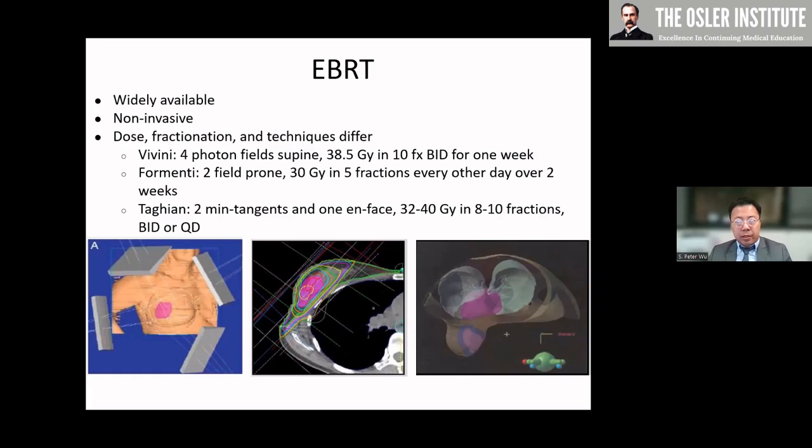Maybe not faster than IORT, but for Meattini et al., one of my mentors pioneered a 30 gray in 5 fraction every other day prone partial breast radiation.